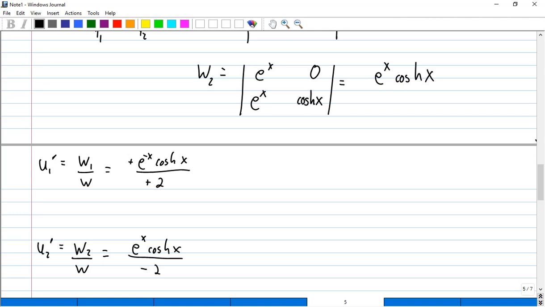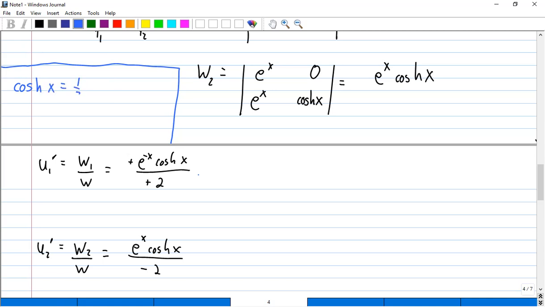Now, hyperbolic trig functions are defined in terms of e to the x. If we'd have spent a little more time on hyperbolic trig functions, I would have shown you that hyperbolic cosine of x is equal to 1/2 times e to the x plus e to the negative x.